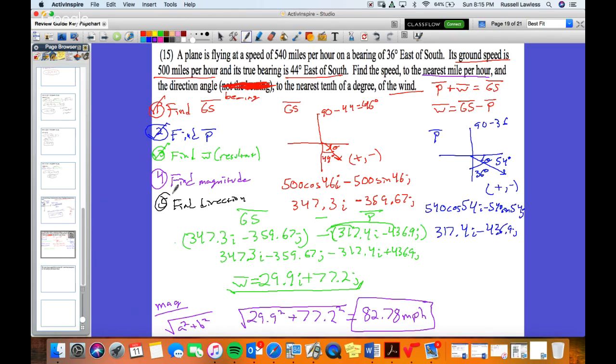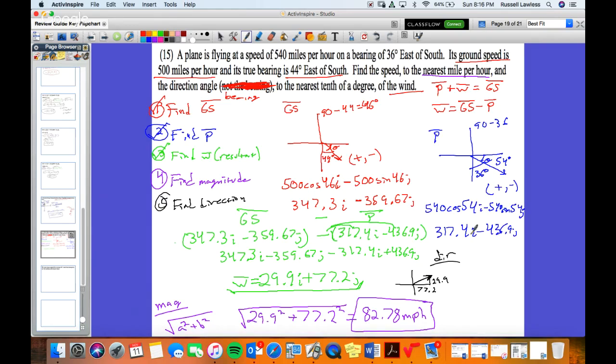And then for the direction, which is the last thing that we have to look for, it's drawing this vector. If I draw this vector, it's in quadrant 1 because both are positive. So it's like 77.2 and 29.9. And this is my vector here.